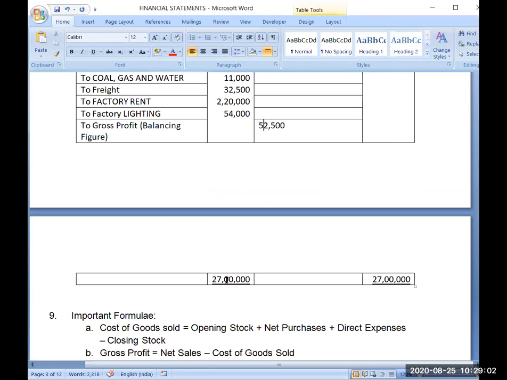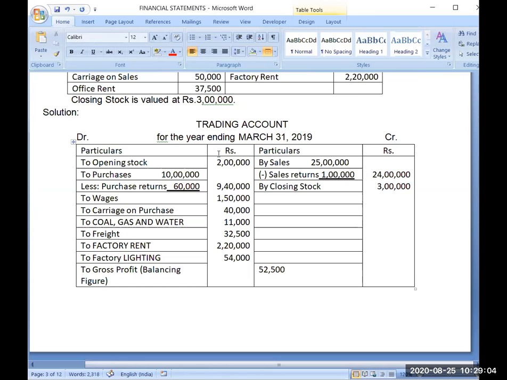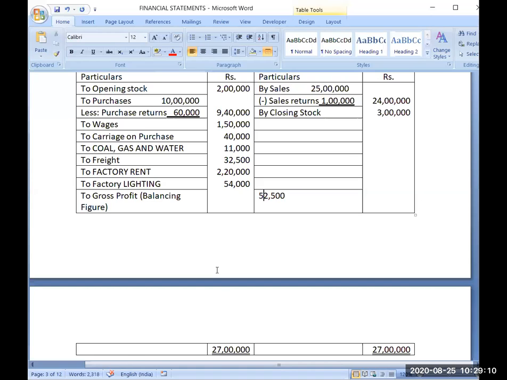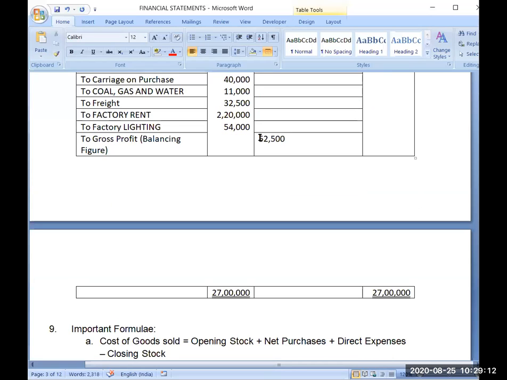So 0 will come here and 3 will be carried on. 3 plus 2, 7, 5, 9, 14, 15 to 17, plus 10. So if I add 10 here, it will become 27. So this is clear. So my gross profit is 10,52,000. And the question is complete.